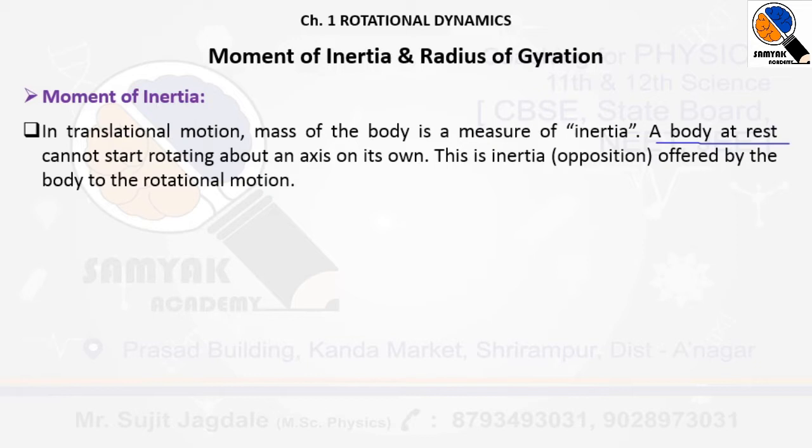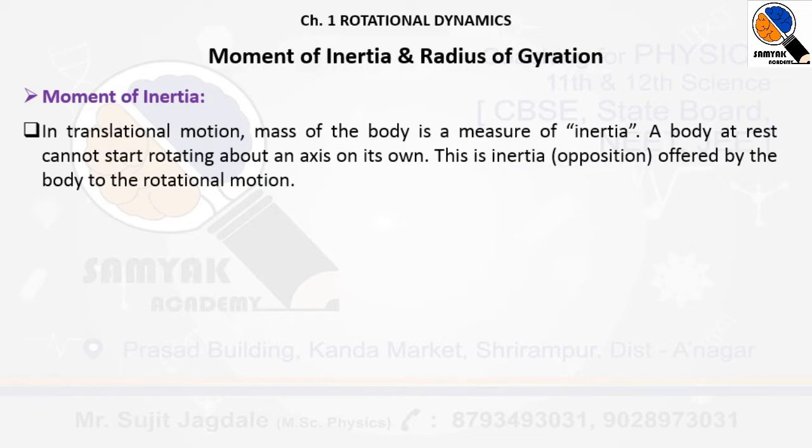Now here this opposition offered by any body to the rotational motion is referred to as inertia. So here in the rotational motion we have to consider the inertia, that means opposition for the rotational motion. So in translational motion, just remember mass plays a role of inertia, but here in case of rotational motion we have to consider which factor plays a role of opposition.